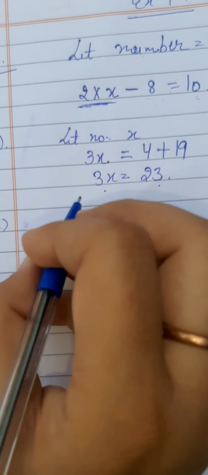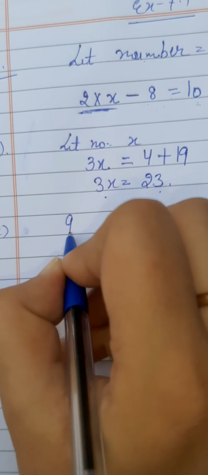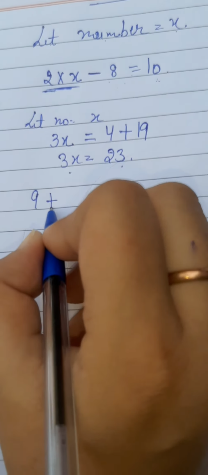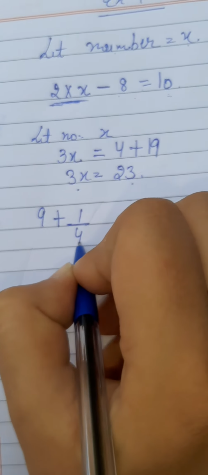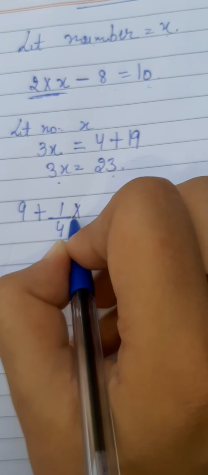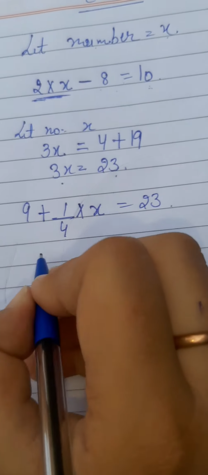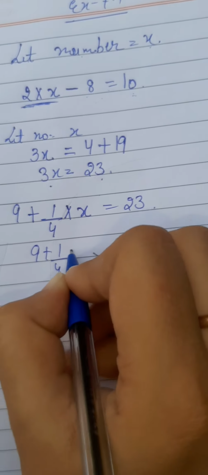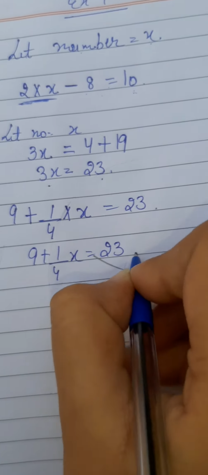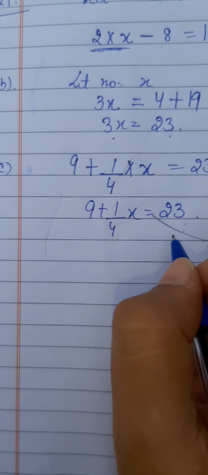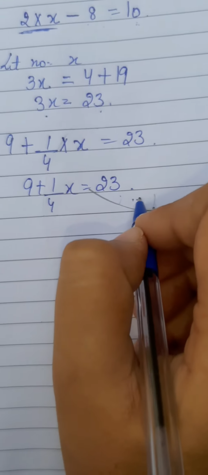Similarly, C part, 9 added to 1/4 of a number x gives 23. So the expression will be 9 plus 1 by 4 x is equal to 23. Now you can solve it or you can leave it here.